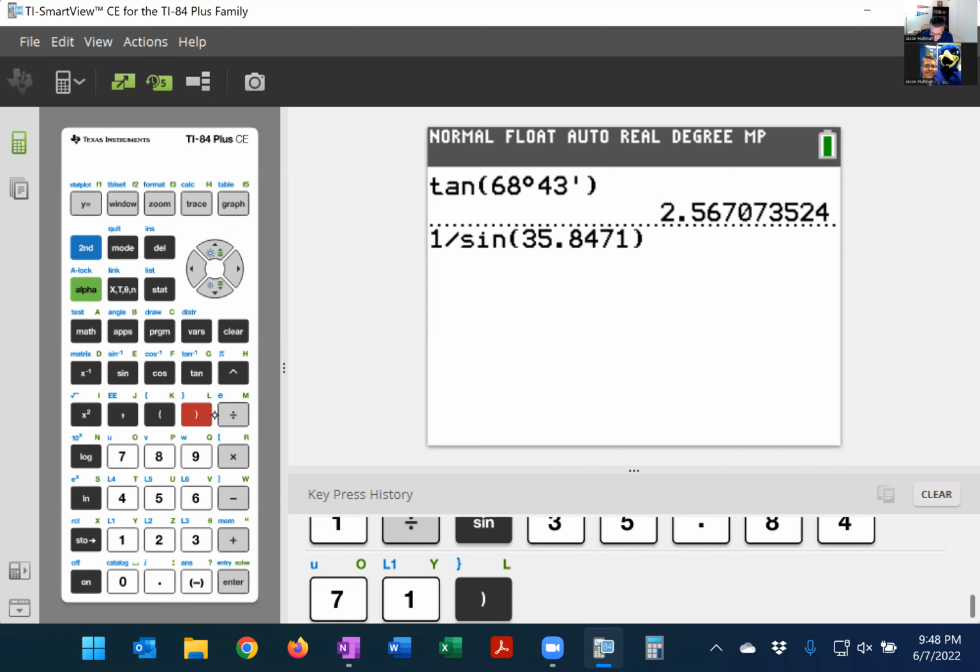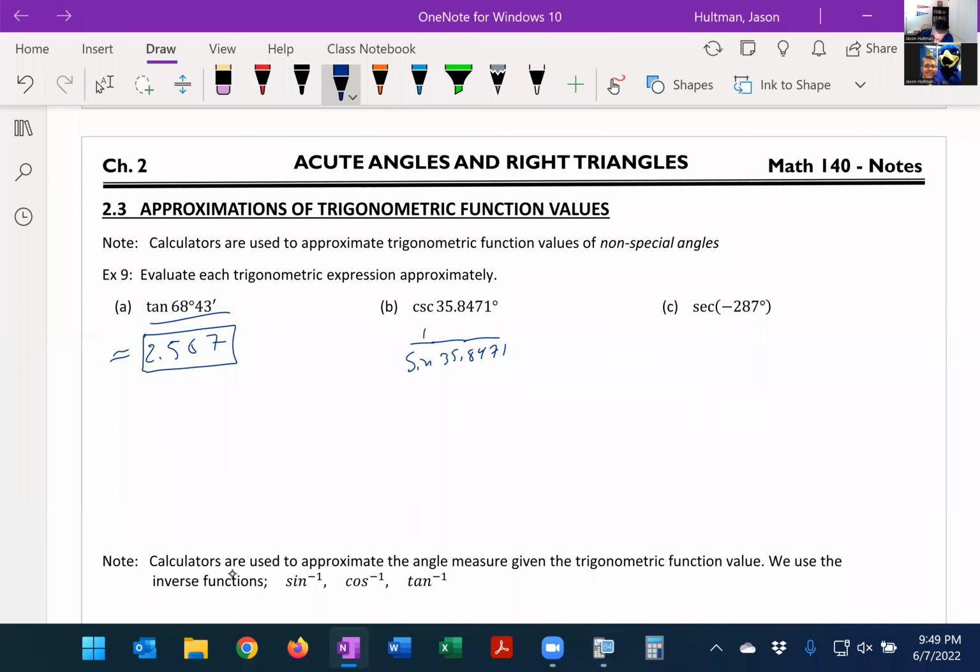Close parenthesis. You don't need a close parenthesis, but I like to. And then I get 1.707 or 1.708. So I'll write that down. This is approximately 1.708 for the cosecant of that.